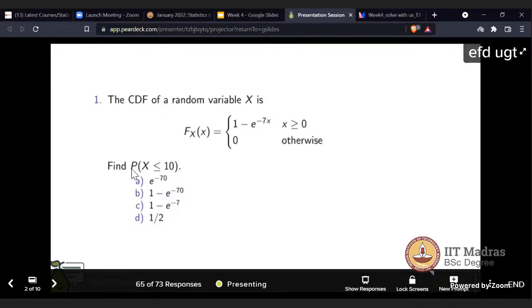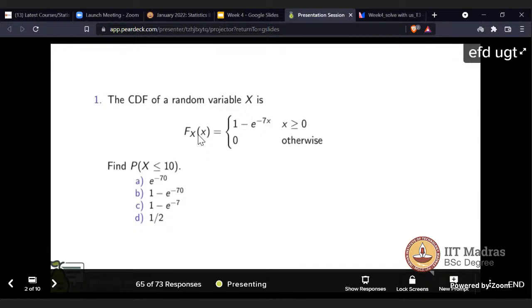You have to find the probability X less than or equal to 10. If you want to use integration, then first you will have to find small f_X(x). So this is your CDF, not the PDF. Whenever you find the probability, you integrate the PDF.